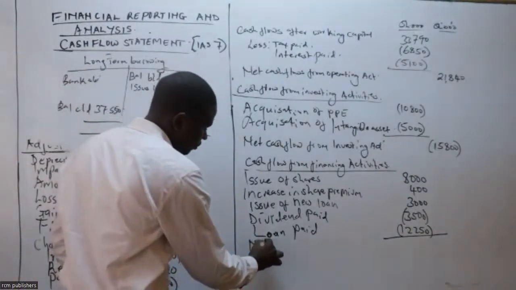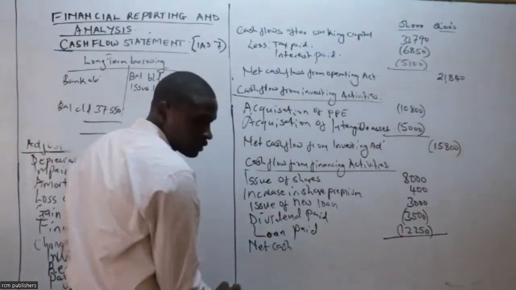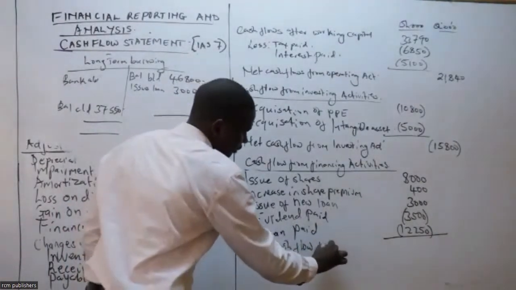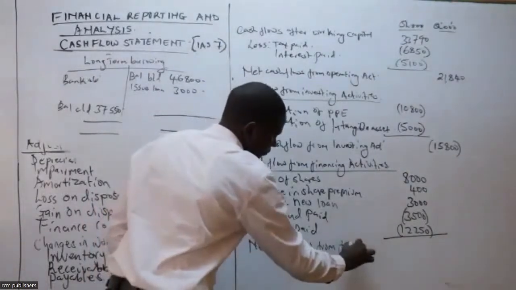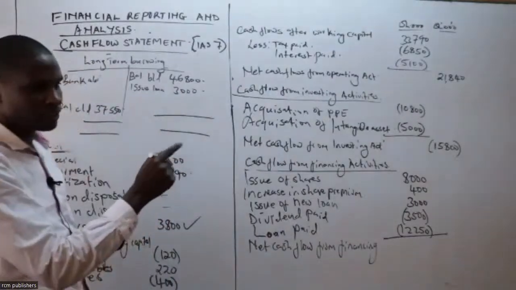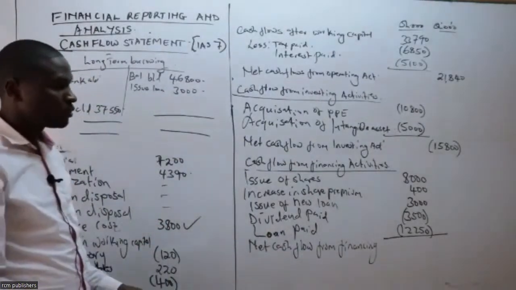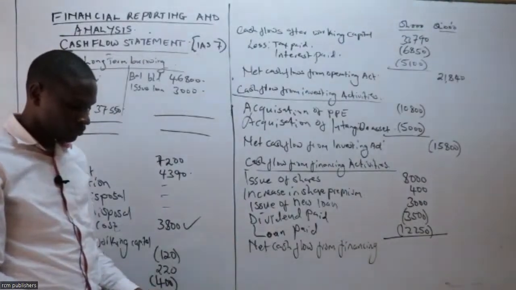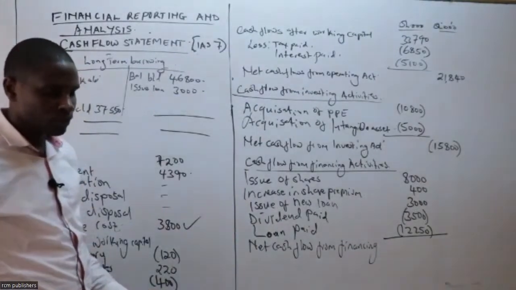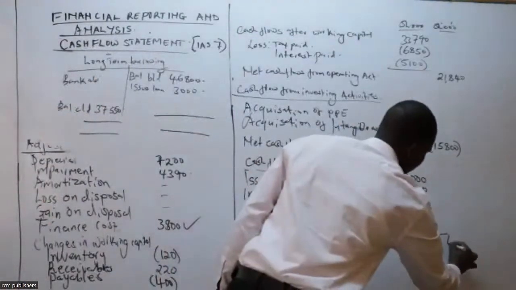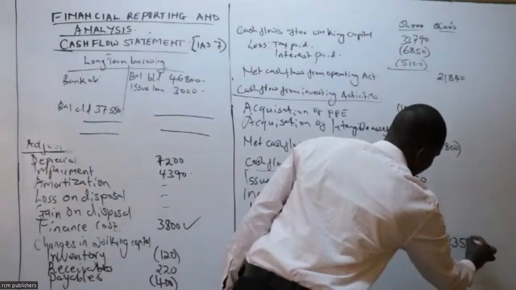What is the financing activity figure? Give me the last figure, so that we are able to get 4,350. People are getting 4,350, which is a negative.